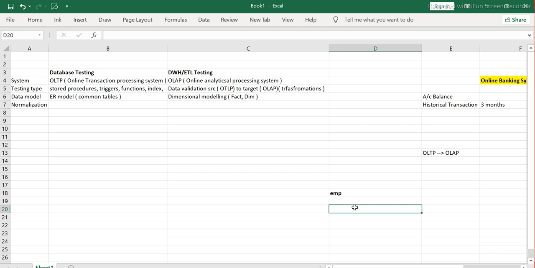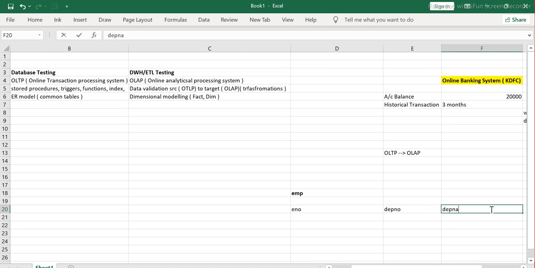So this is the employee table, and I have, let's say, employee number, department number, and department name. Now, if I say employee number 1, department number 10, and this is the finance department.